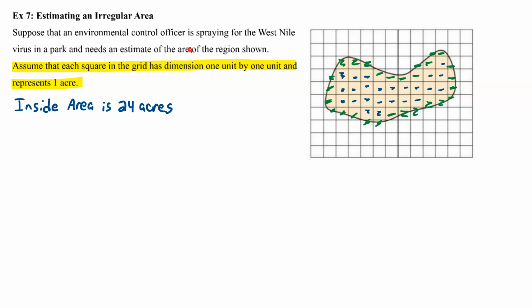We found the inside area, but we also want to find the outside area. The outside area uses the inside area, but also adds those other pieces, so we are going to have areas that intersect. So our outside area is 55 acres.